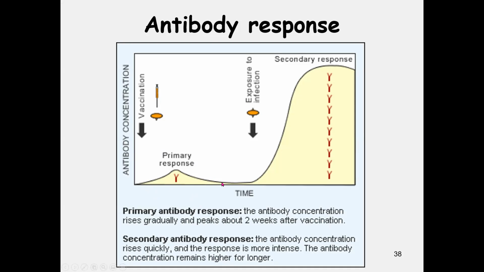Time moves on, and then if you're attacked again, the response is massive and much, much faster. This is called a secondary response. And the number of antibodies that are produced is massive compared to the initial response, the primary response. And this is why we get immunized.